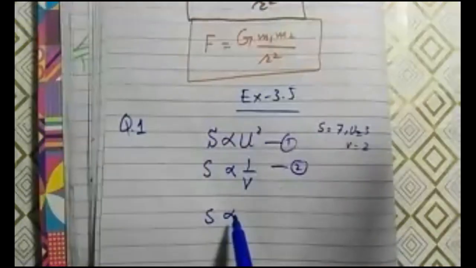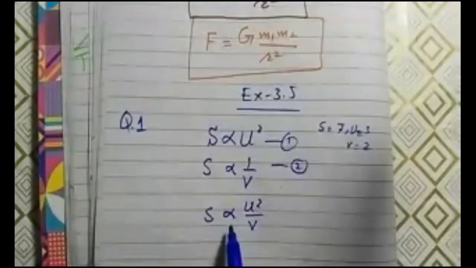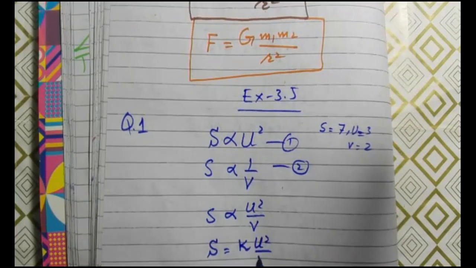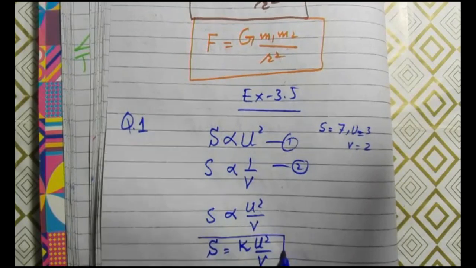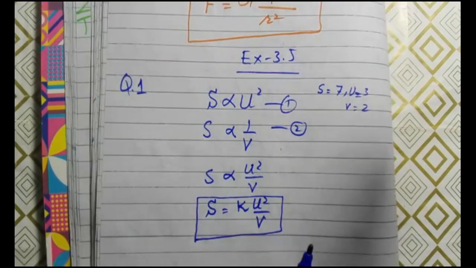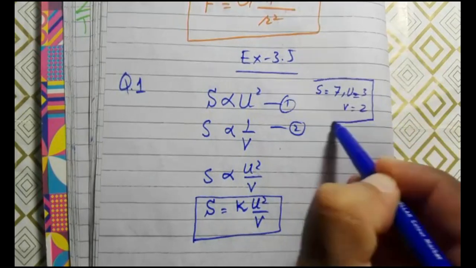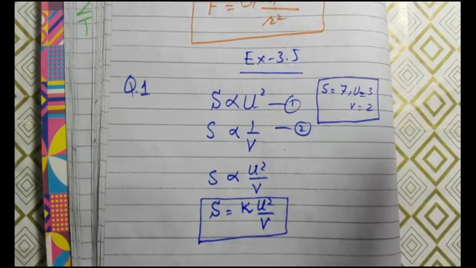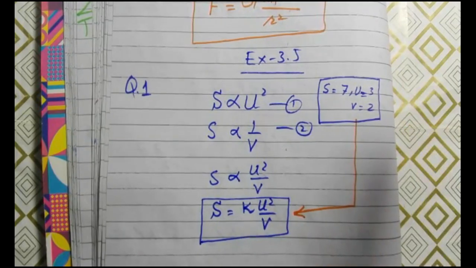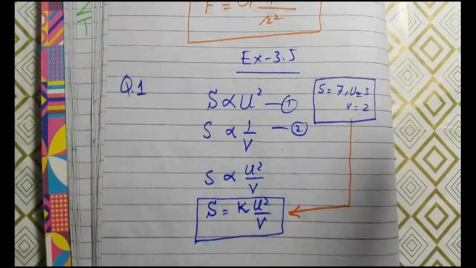S is proportional to U square over V. And then you will remove the sign of proportionality and place any constant, let's suppose K, so S = K U square over V. This will become a connecting formula of S, U, and V, because there are not two variables, rather there are three variables, S, U, and V. And for these three variables, we are provided a set of values that we will substitute right here to derive the value of the constant K. That's why I'm telling you that we have done these types of questions in exercise 3.2. So we will just substitute the values and derive.